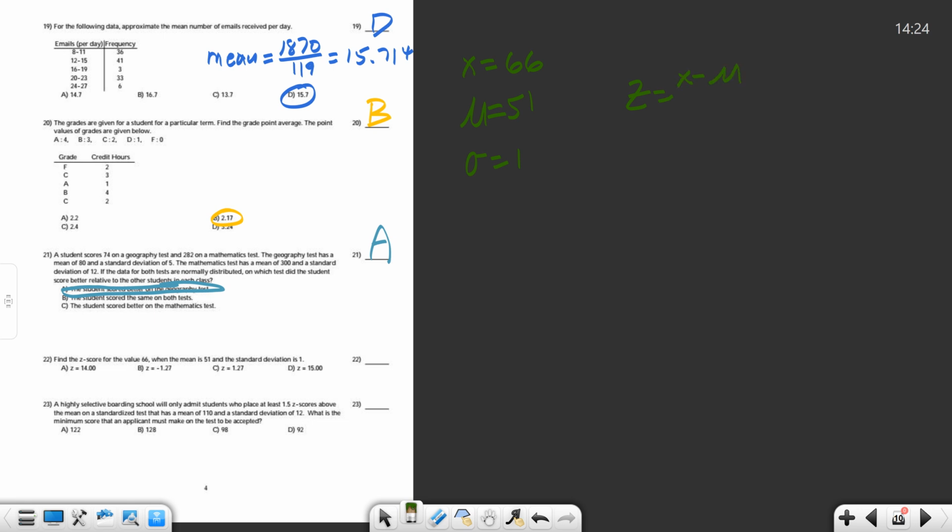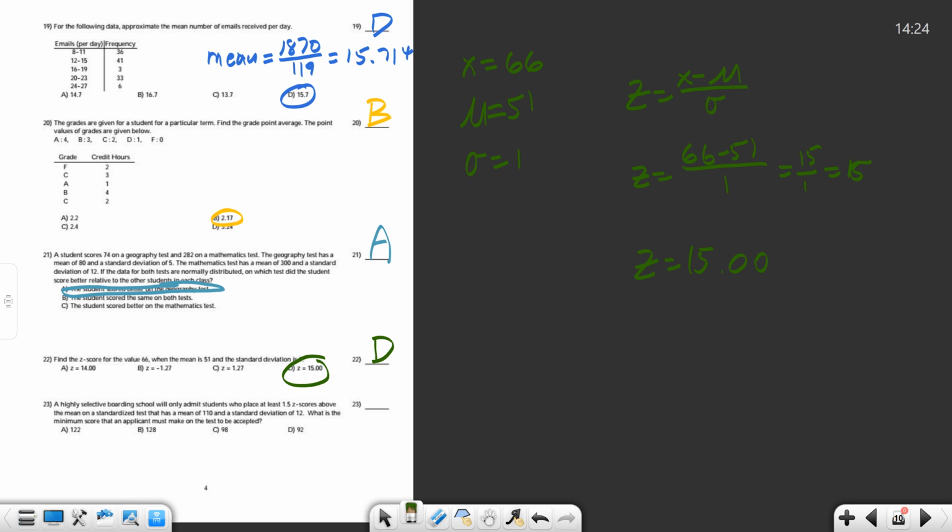Z equals x minus mu over sigma. Z equals 66 minus 51 over 1. That's going to be 15 over 1, which is 15. So the z-score here is 15. And we typically go to a couple of decimal places here. So 15.00 to be technical. And then that is answer choice D for 22.